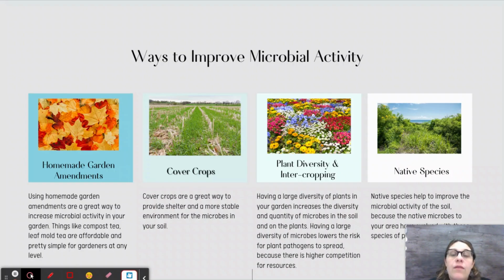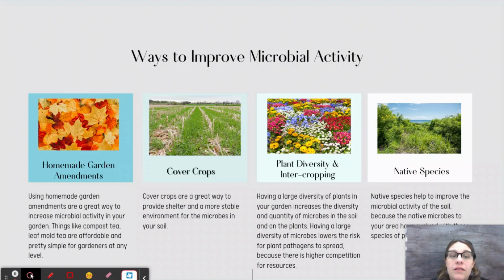So when you have a variety of plants that you're growing, you're going to have a larger variety and diversity of microorganisms, which will only help the resistance and tolerance of your garden or farm to diseases and other pathogens that could be found in the area.